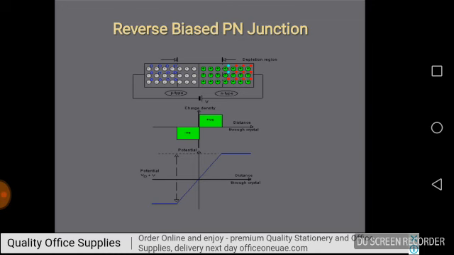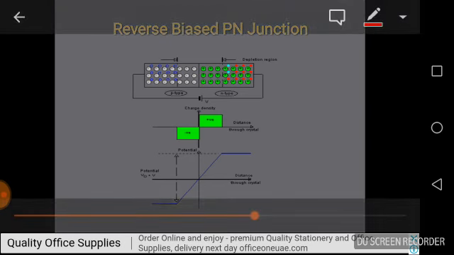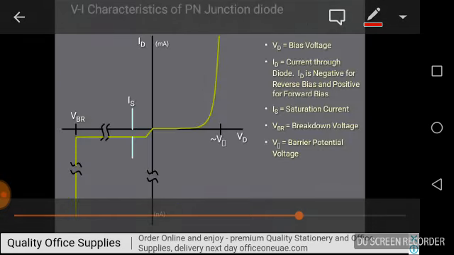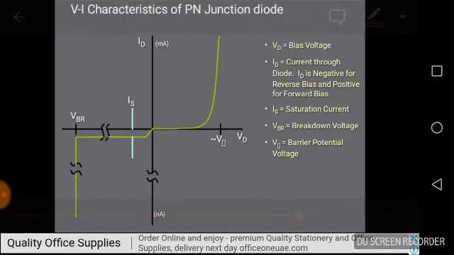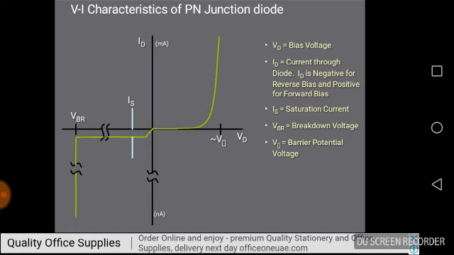The one on the right hand side is your forward bias characteristics of a PN junction diode. It is marked as VD. VD is nothing but the bias voltage, and ID is the diode current.